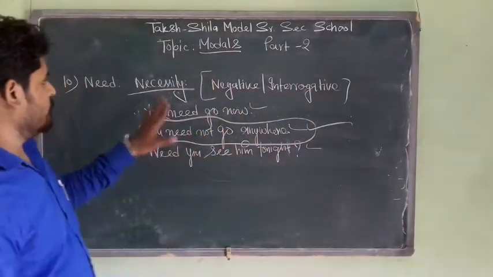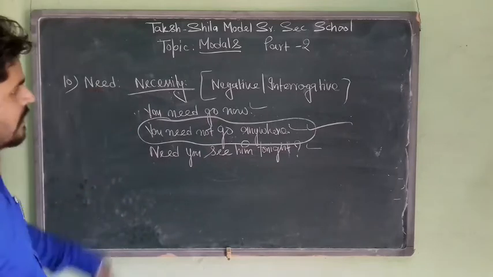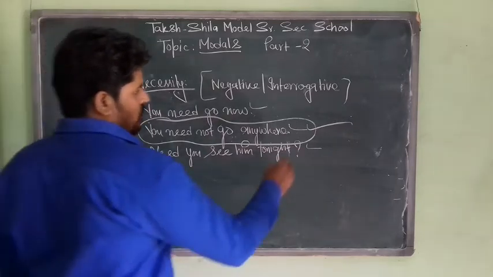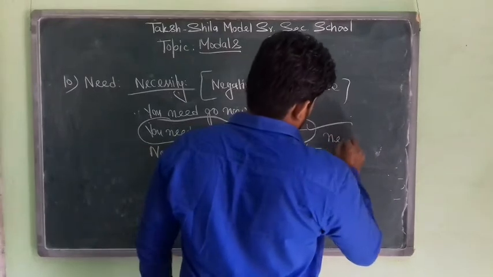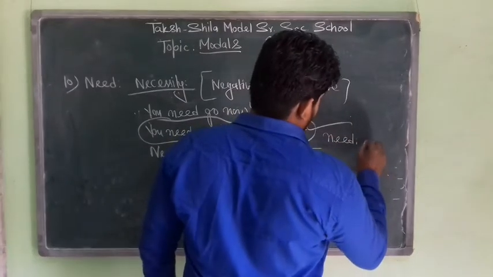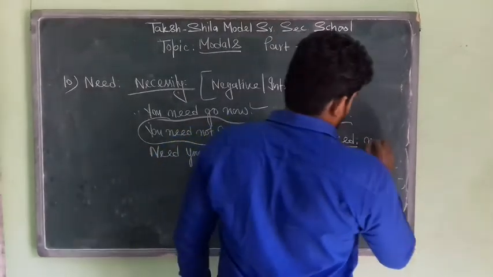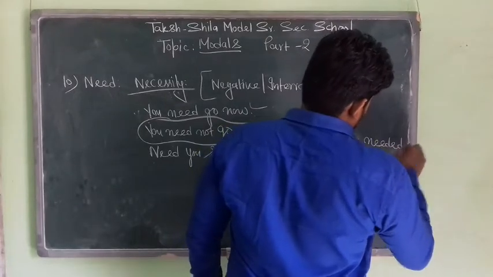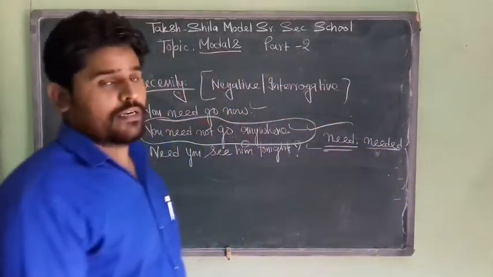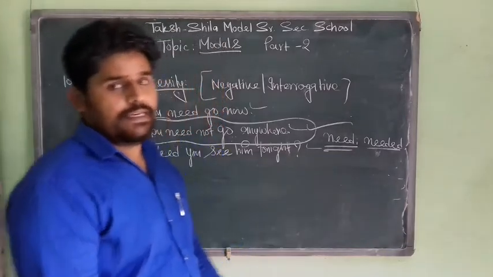So students, one more thing that we should know about need is that need is also a main verb, and when it functions as a main verb, we use its second and third form that are needed, right? Needed.